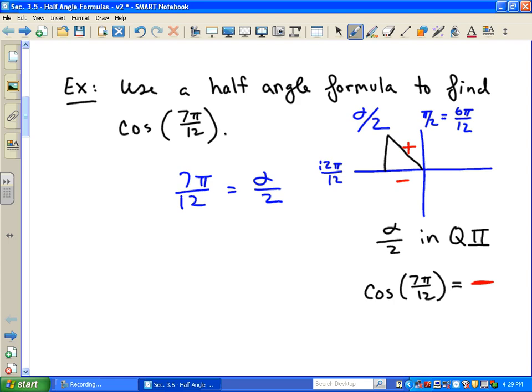All right, the second thing is I'm going to take what I have written down here and solve this for alpha. To do that, multiply both sides by 2. And in this case, we can do a little bit of reducing over here, and we find out that 7 pi over 6 is my single angle. 7 pi over 6 I know has a reference angle of 30 degrees. And so I know that I can find trig function values for 7 pi over 6, while I couldn't for 7 pi over 12.